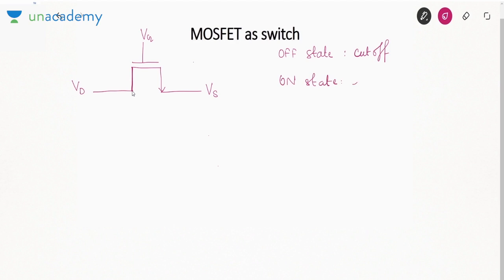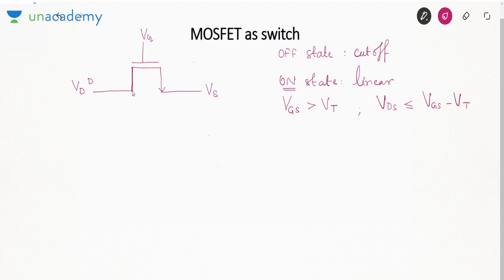On state means linear region in a switch. So if we talk about linear region, what is the condition of linear region? The condition of linear region for a NMOS transistor is VGS greater than VT and VDS less than equal to VGS minus VT.